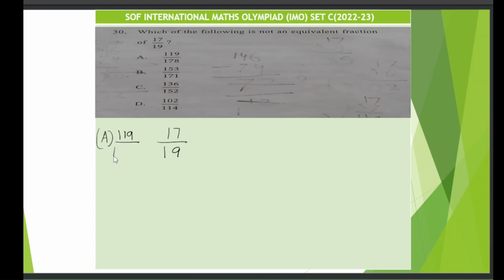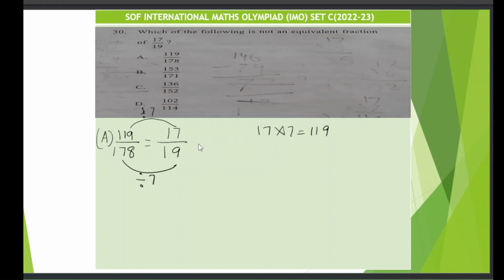Here 119 by 178, both numerator and denominator are greater than 17 and 19, so definitely we need to divide. So 17, if you multiply with 7, what do you get? You get 119, right? So if you divide 119 by 7, you will get 17. But if you divide the denominator 178 by 7, will you get 19?